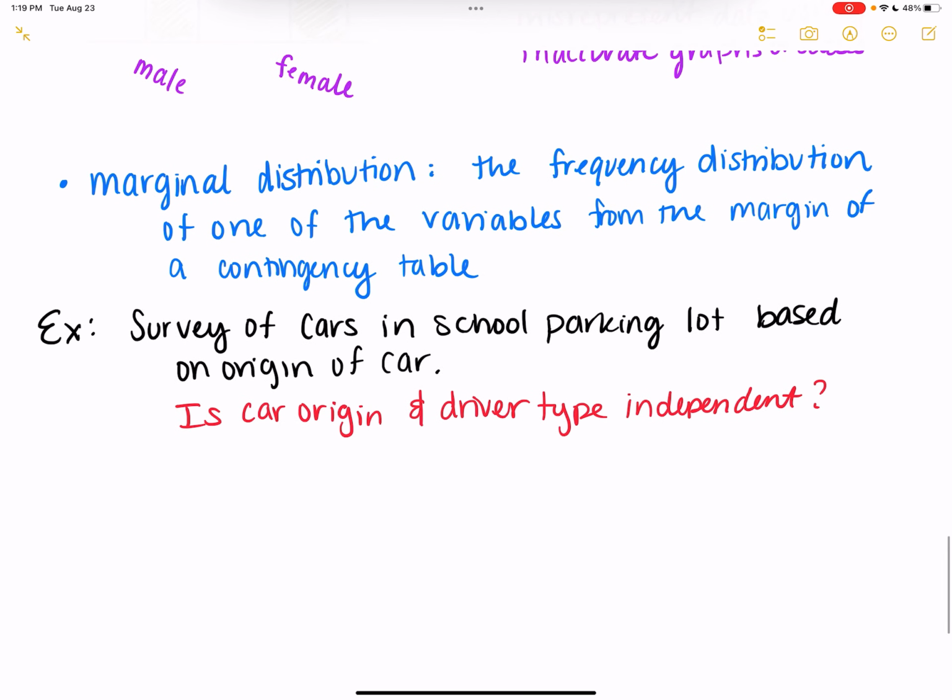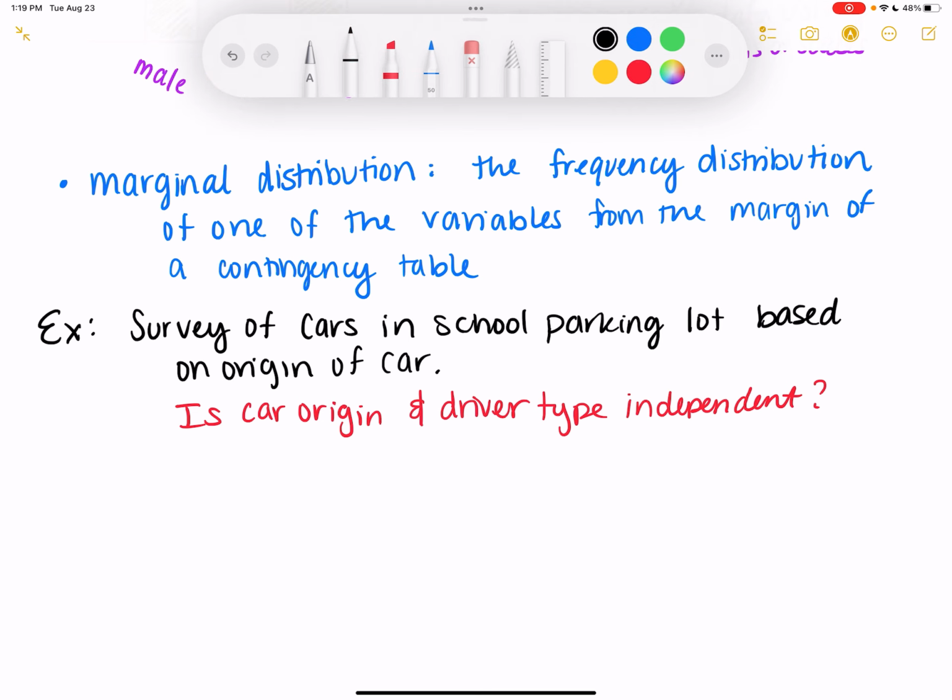So I'm going to go ahead and draw the table, and then we'll be done. The driver is going to be at the top: student, staff.